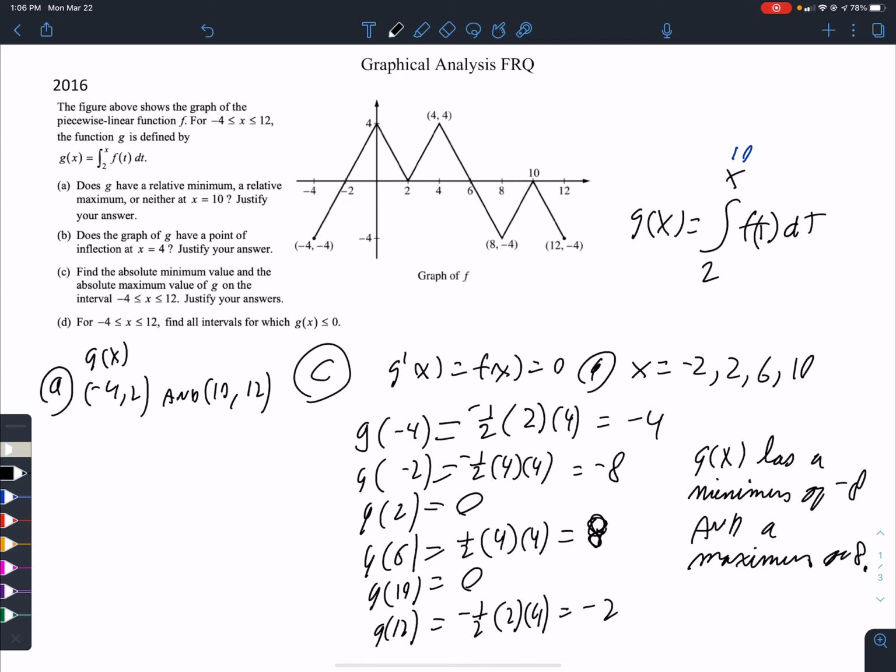G of x will be negative or 0 on the interval from -4 to 2 and from 10 to 12. Now does it say or equal to 0? Yeah, since it has an equal, I need brackets at the endpoints, because at the endpoints it's going to be exactly 0. And that is the end of the 2016. Let's move on.